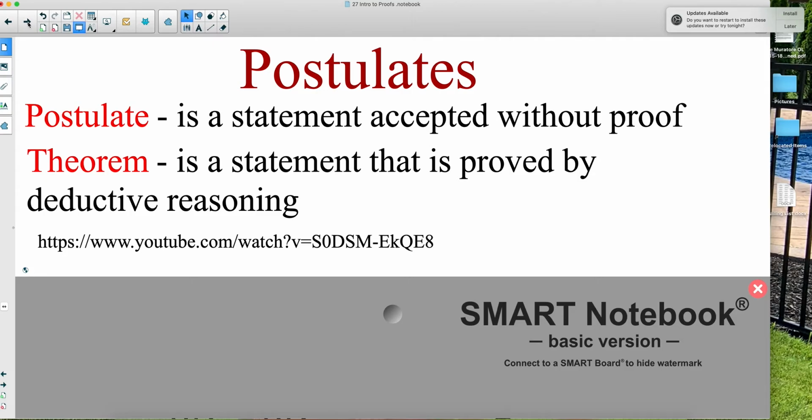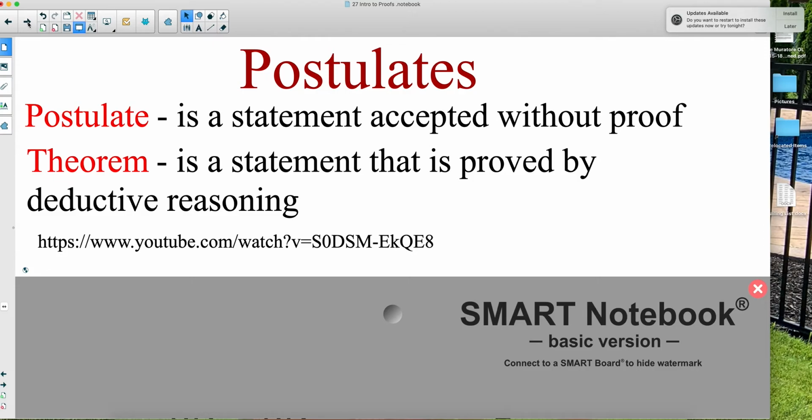A theorem is a statement that's proved by deductive reasoning. Deductive reasoning is something you use when you're given all of these different statements, and you use your knowledge to come up with a bigger reason. So again, a postulate we just accept without proof, almost like saying 1 + 1 = 2.